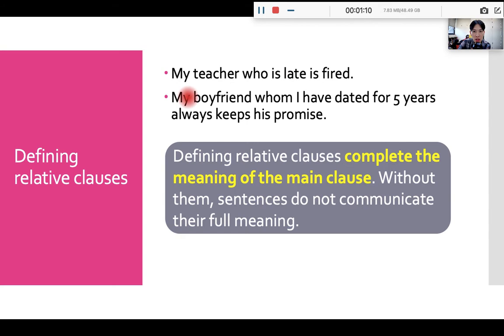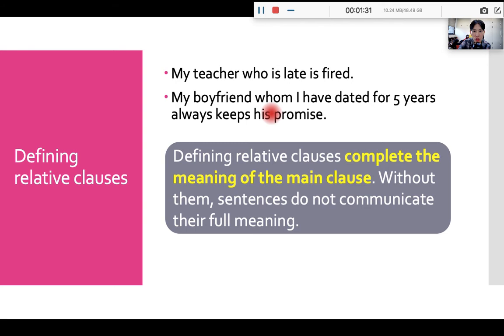Or the second example sentence, my boyfriend whom I have dated for 5 years always keeps his promise. If you just say my boyfriend always keeps his promise, then we might ask you, are you talking about your current boyfriend or your previous boyfriends?